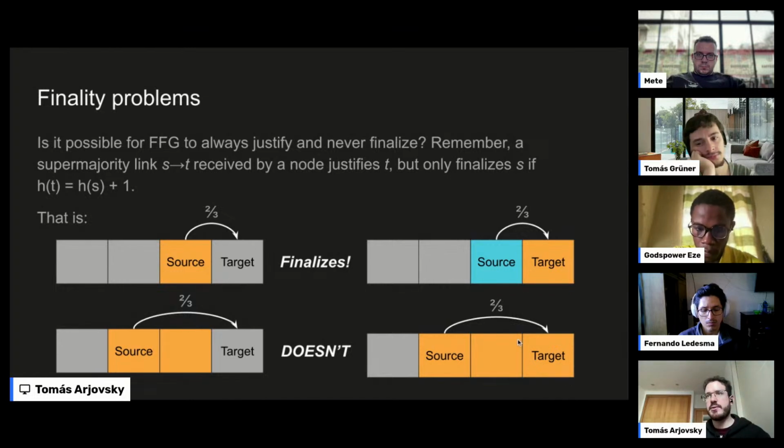And normally, what the specs intend is that you only finalize if you have supermajority links that are consecutive, where the source and the target are consecutive epochs. All right, and this is mostly to avoid, I should do more in-depth reading on this topic, like why we only want consecutive ones.